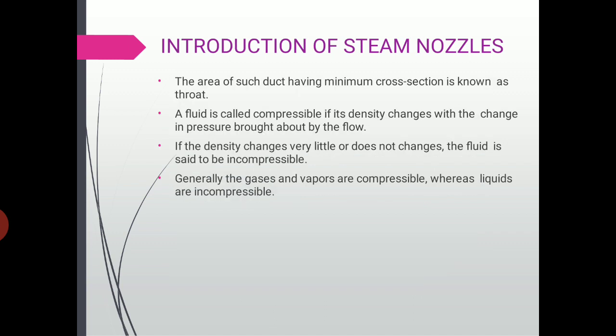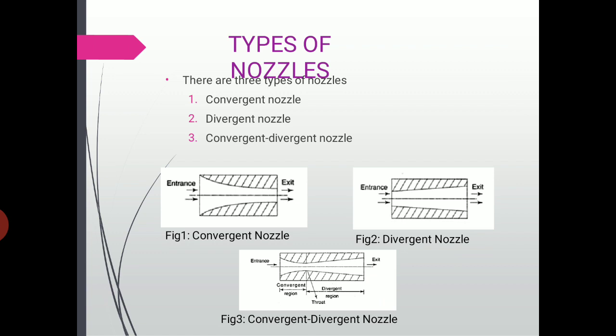Then the area of such a duct having minimum cross section is known as the throat. Okay, so if I say what exactly a nozzle is, these are the different types of nozzle. One is the convergent nozzle, one is the divergent nozzle, one is the convergent divergent nozzle.